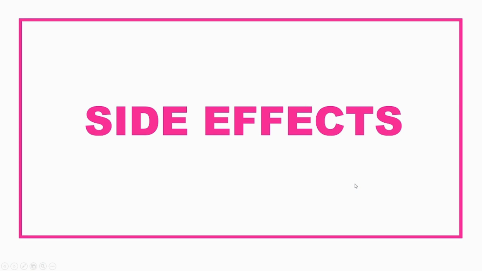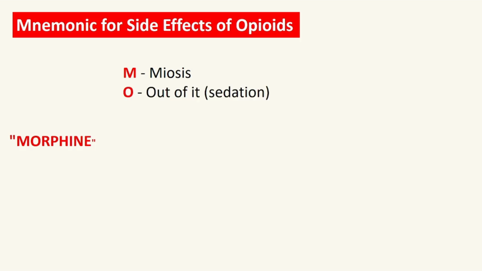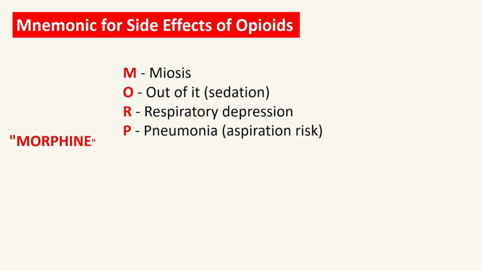All right, so let's talk about the side effects, having seen those activatory and inhibitory responses. Here is the mnemonic for side effects. Morphine. M for miosis. Opiates cause miosis. O for out of it, sedation. R for respiratory depression.